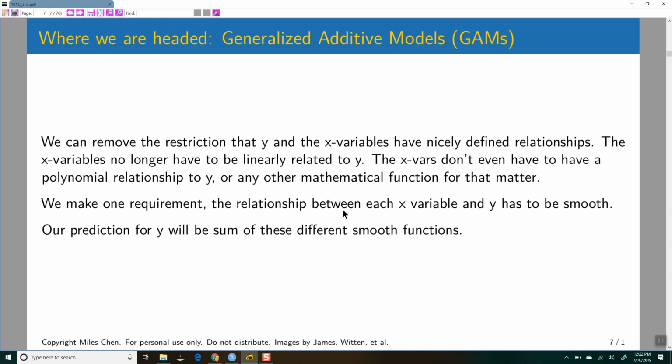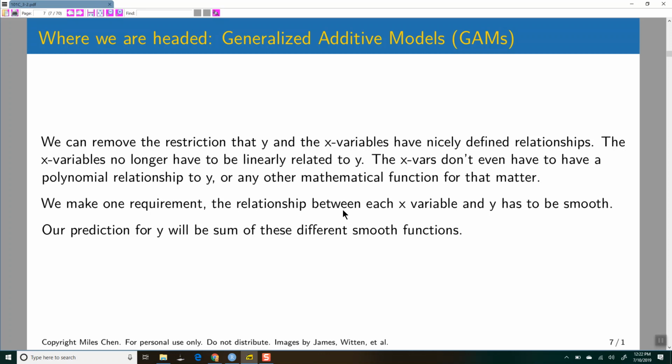Okay, so what we are going to do in today's class is remove this linear relationship. We're going to say it doesn't have to have this nice thing where every time x goes up by 1, we go up by this amount. They don't have to be linearly related. We're not even going to make them polynomially related.